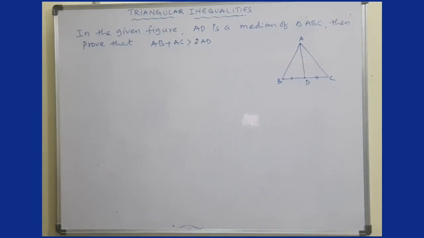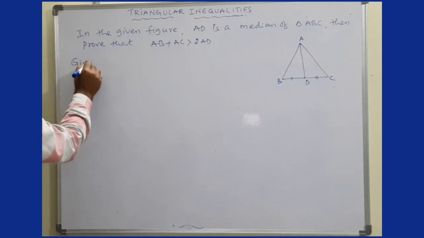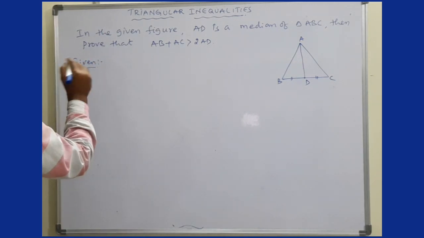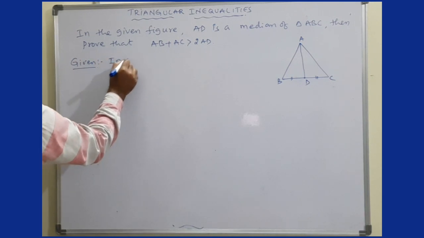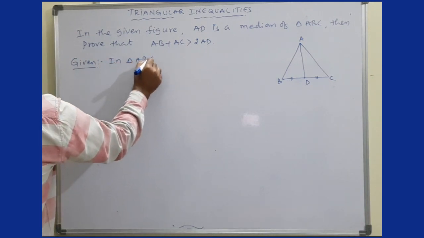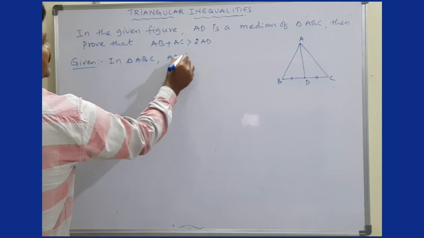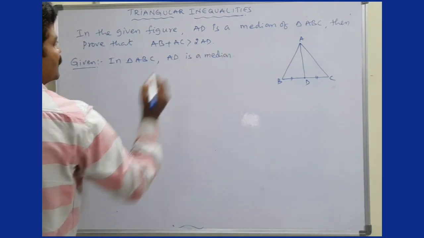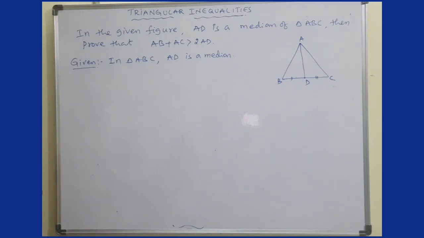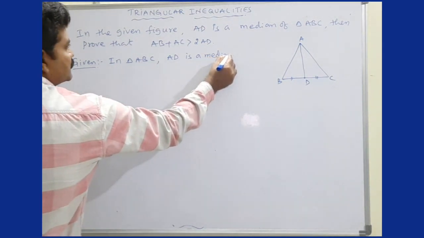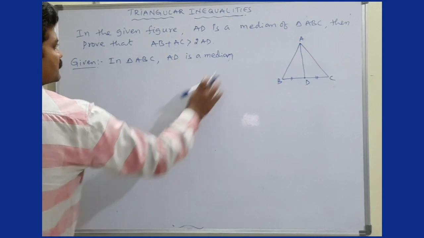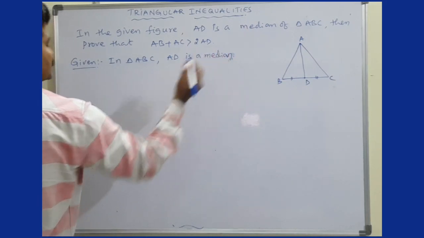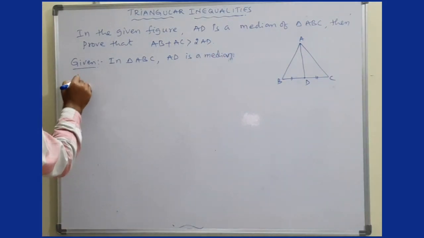So what to do? First of all, write the given condition: given that in triangle ABC, AD is a median. Fine. And what we need to prove?